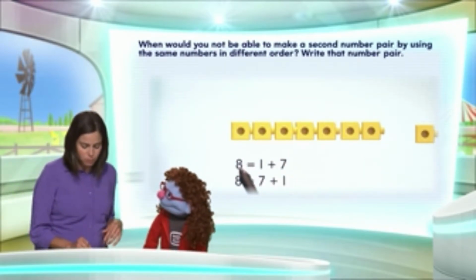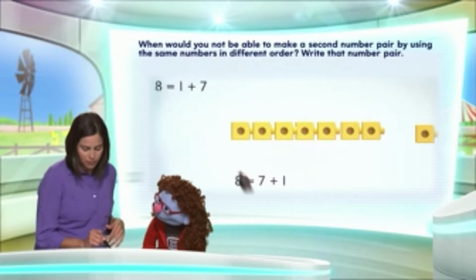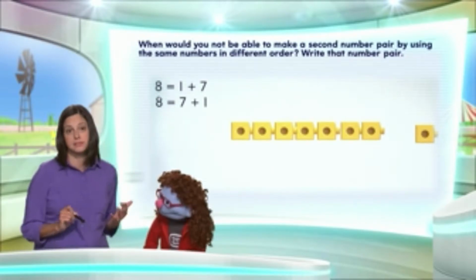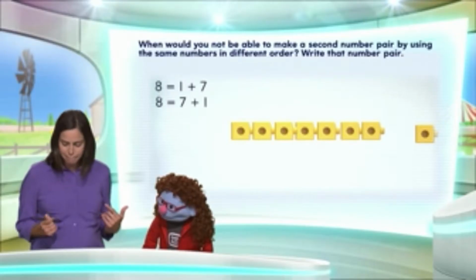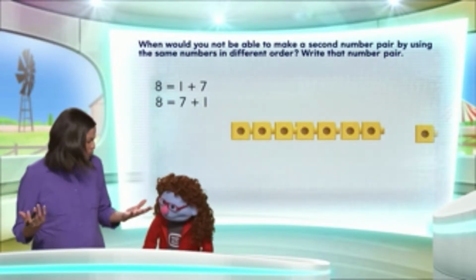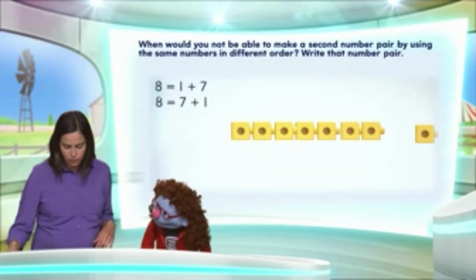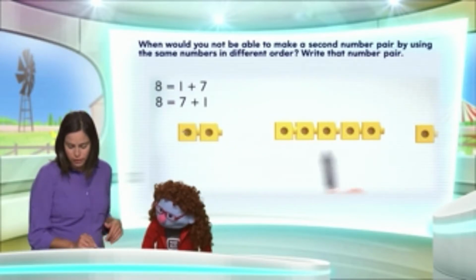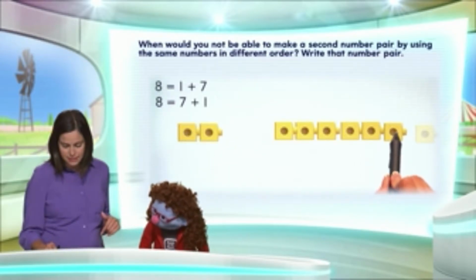Now let's go ahead and move these on the side so we can find another number pair. How about if we use 2? Let's use 2. We have 2 there, and we're going to leave the rest here.